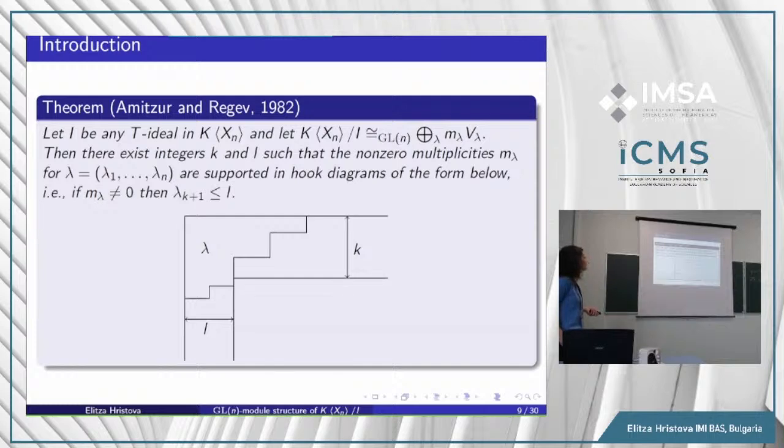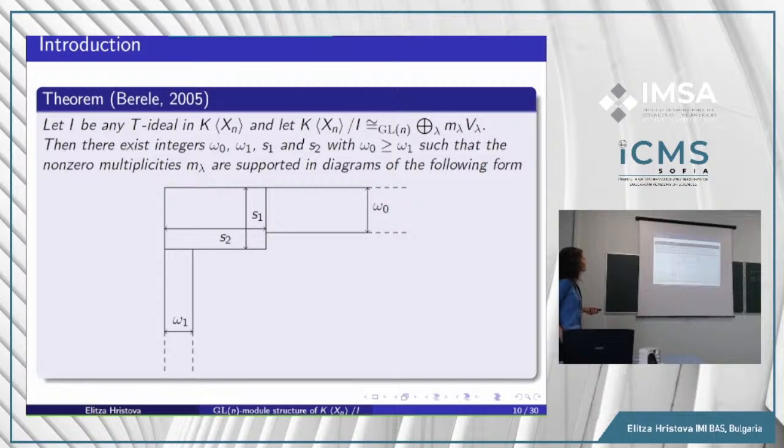The first one is a classical theorem of Amitsur and Regev, which says that if we write down the decomposition of K of x mod I, then the non-zero multiplicities are supported in hook diagrams of this form, which means that for the first k rows, we don't know anything about the partition, we have no bound, but from the (k+1)-th row on, the number of boxes in the corresponding row is bounded by the number l.